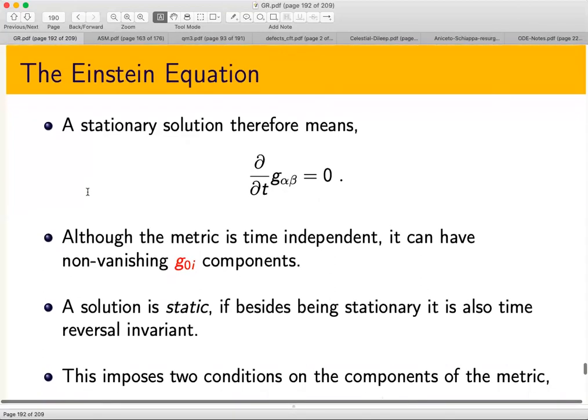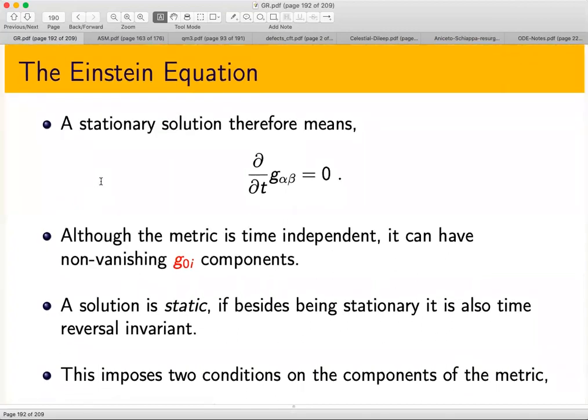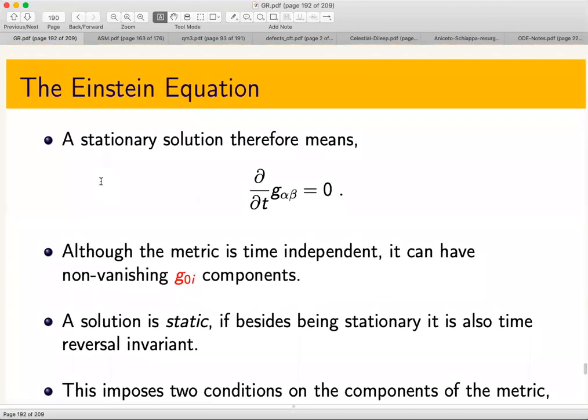Let's now look at the next step, and that is called the static solution. A static solution, of course, is a solution which is stationary. That means the metric components don't have explicit time dependence. But in addition, it is also time reversal invariant. Now look at G0I. If G0I is a component that you are looking at, then it is multiplied by dx0 dxi. If you consider time reversal transformation as a symmetry, then dx0 will go to minus dx0.